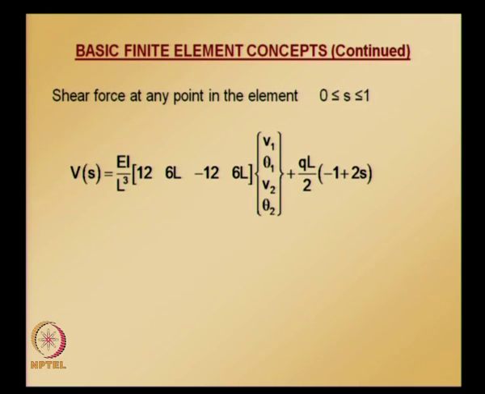So with this we can find the exact solution not only for displacements at the nodes, but also displacement at any point along the beam length, and also moments and shears along the beam length, even if you use one element, by this superposition method.